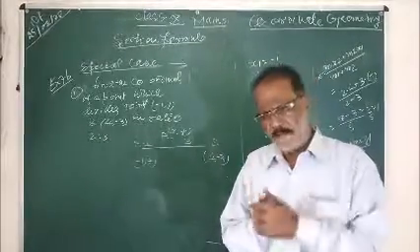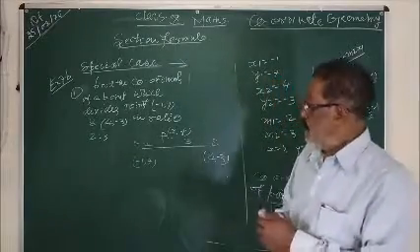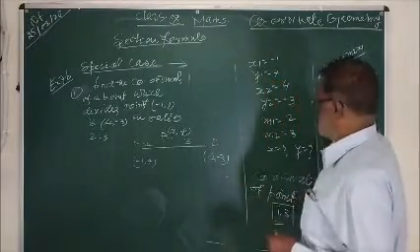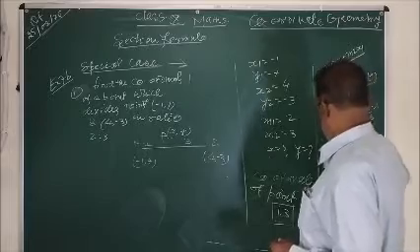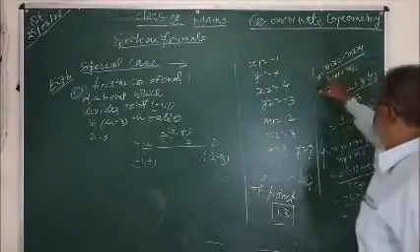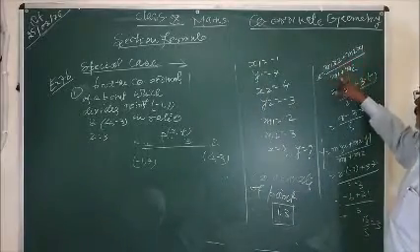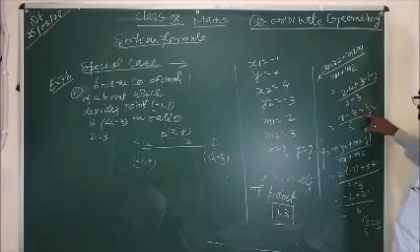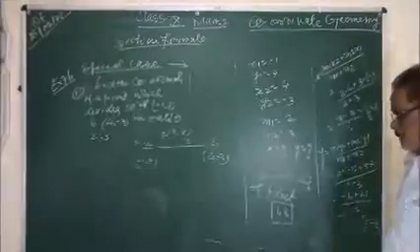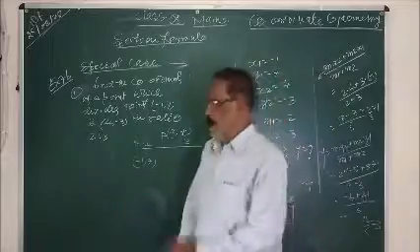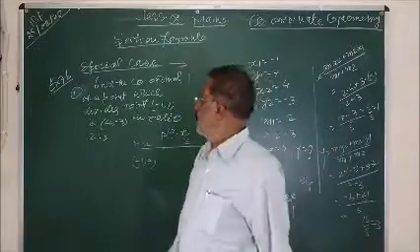So you can think of that, and then this formula will be reduced like this: (x1 plus x2) by 2, since 1 plus 1 is 2, and here will be (y1 plus y2) by 2. This is the section formula, and you will try to solve 7B.